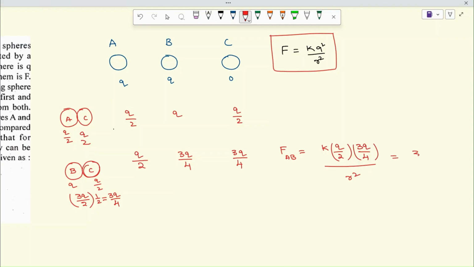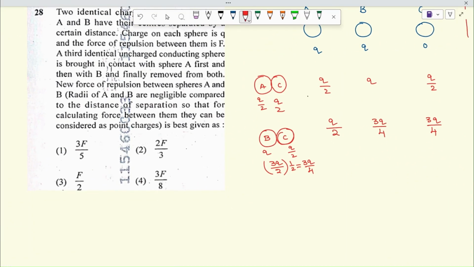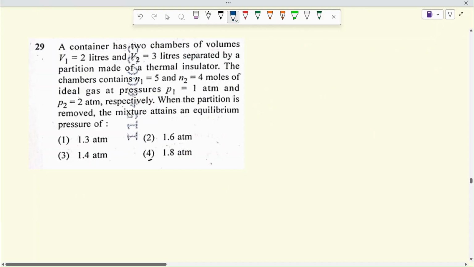Now how much? 3 by 8 kq square by r square. kq square by r square is the initial force. So it became 3 by 8 into F. Right? That's all. So 3 by 8 F. Answer, fourth option.